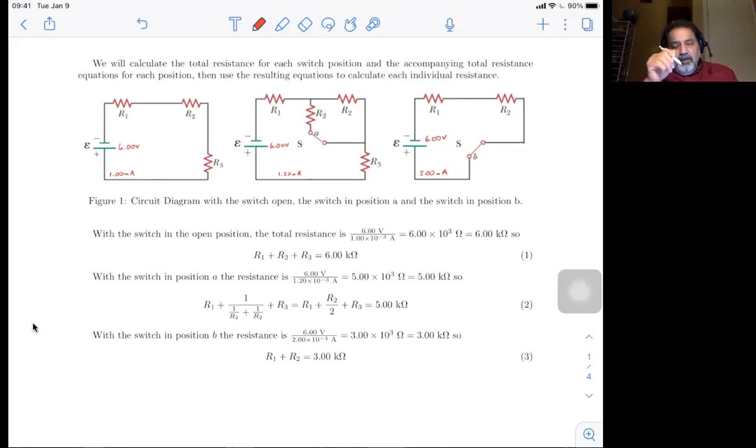Prove to yourself that parallel resistance comes out to R2 over 2. So that gives us equation 2.